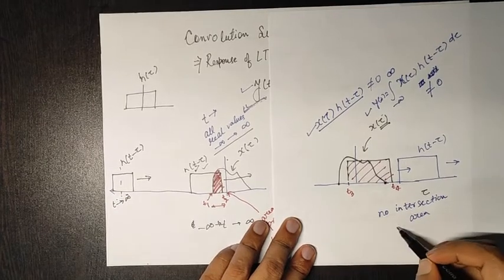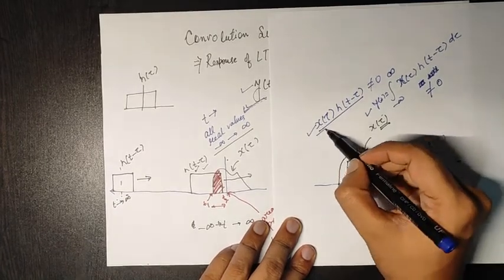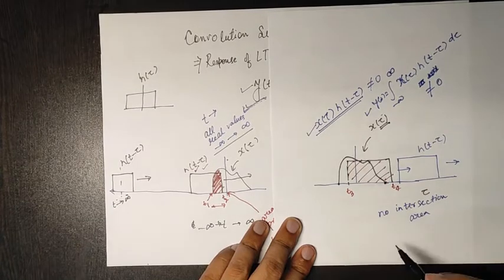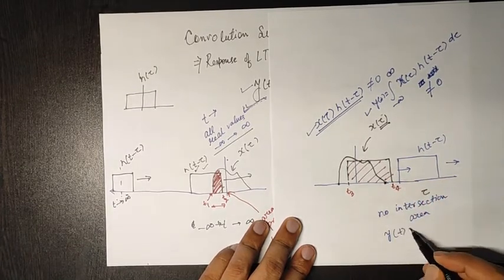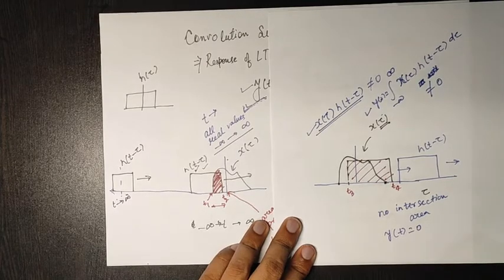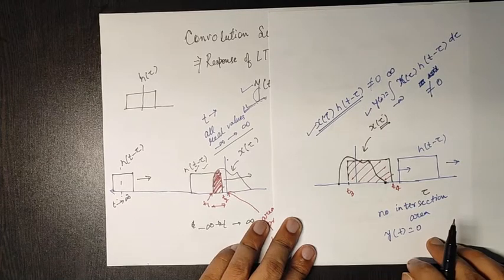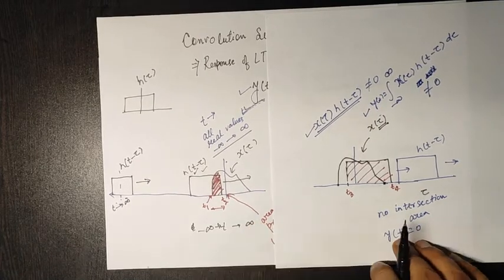If there is no intersection area, then this area product will be 0, and hence for these intervals y of t will be 0. So this is the concept of convolution sum. Let's see an example.